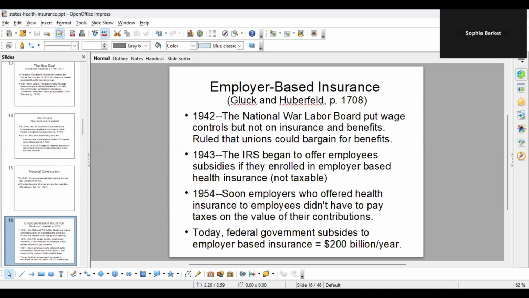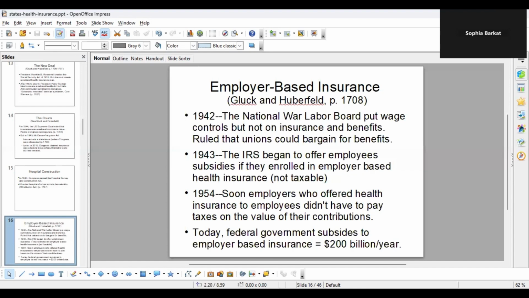Employer-based insurance. As I mentioned, insurance companies are playing a big role. 1942, the National War Labor Board puts wage controls, but not on insurance and benefits. It rules that unions can bargain for benefits.